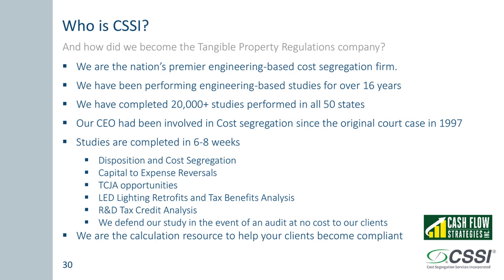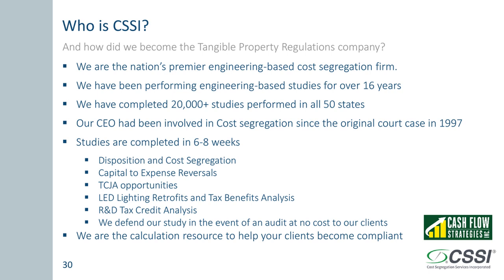His goal was to make cost segregation available to small and medium-sized building owners rather than just the Fortune 100 companies that could afford it before. And he's been successful in doing that, as we will take buildings from $200,000 up. And in most cases, it's going to be a good idea to do a cost segregation study, but our preliminary analysis will let us know that. We complete our studies in 6 to 8 weeks, including the disposition expense, the cost segregation, any capital to expense reversals.